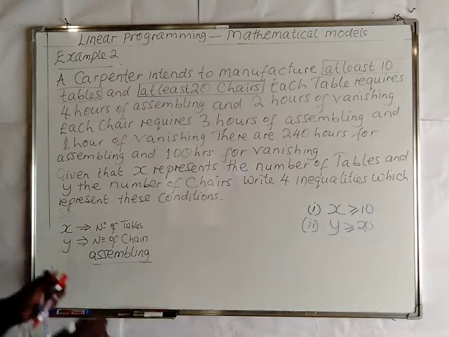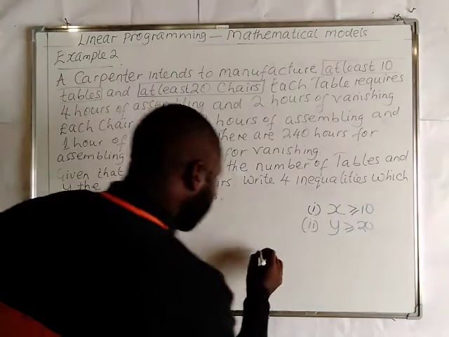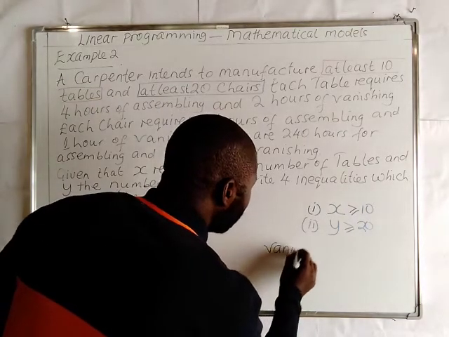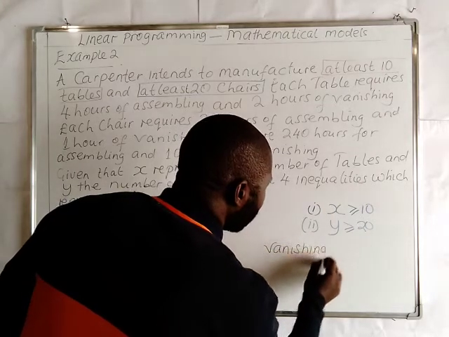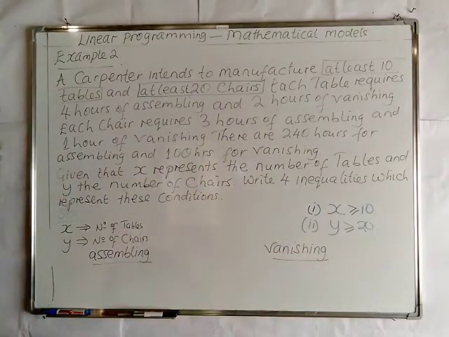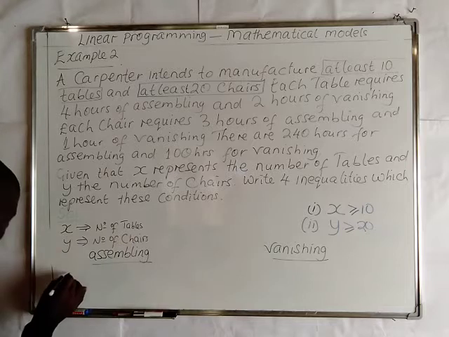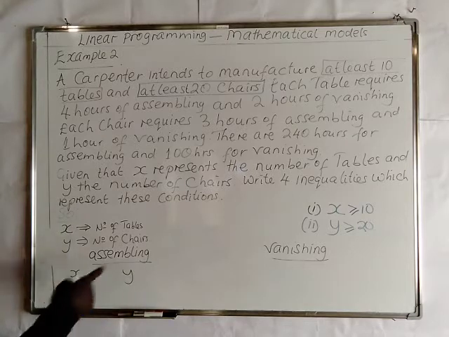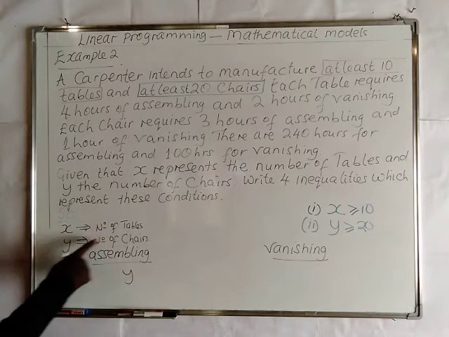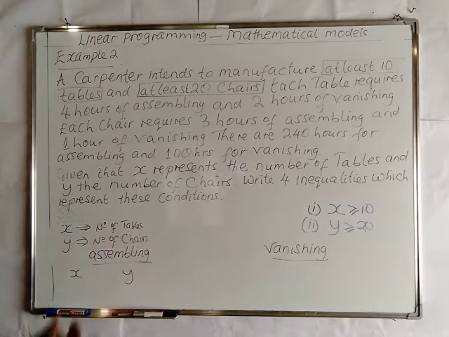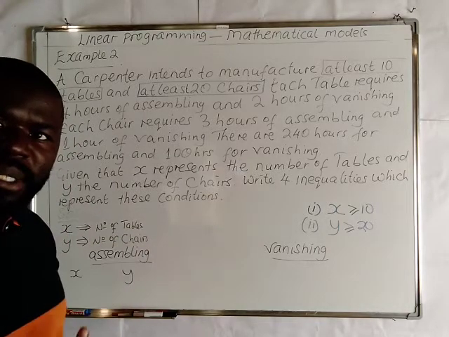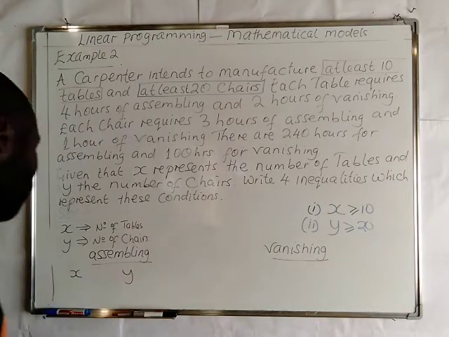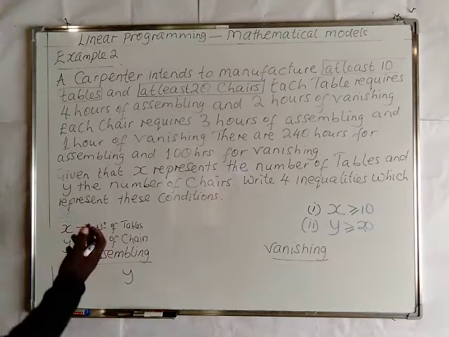From assembling, we are going to come up with one inequality, and from varnishing, we are also going to come up with 1 inequality. We know that X are tables, Y are chairs. Now let's see what the condition is telling us about assembling the tables and chairs.